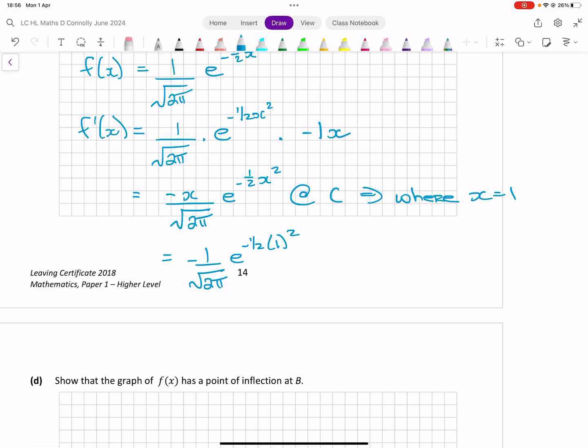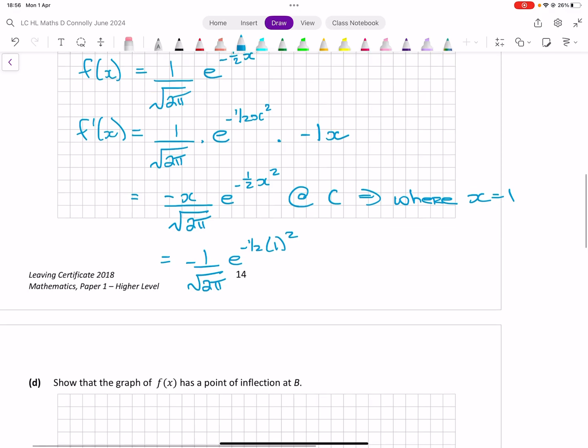Right, so fraction minus 1 over the square root of 2 pi e to the minus a half times 1 squared, doesn't really matter. So that is minus 0.242, which is less than 0, therefore it's decreasing.